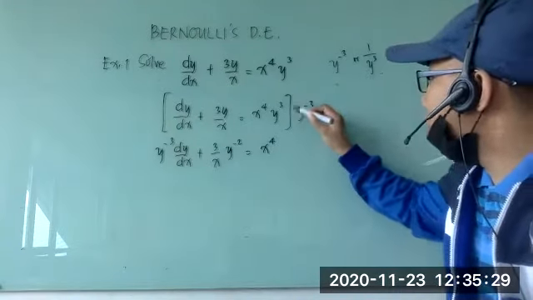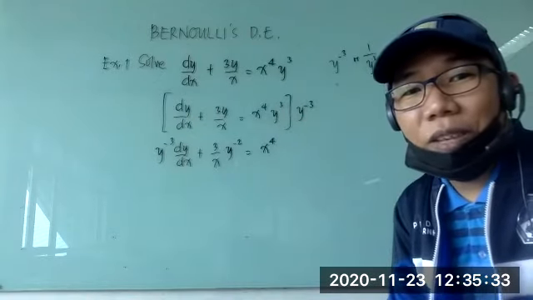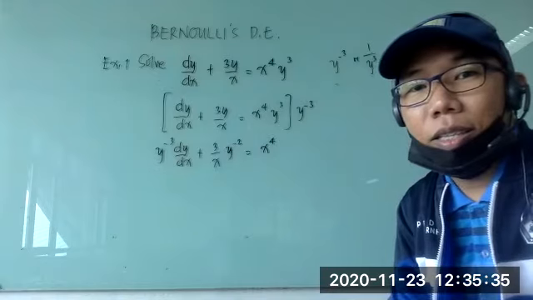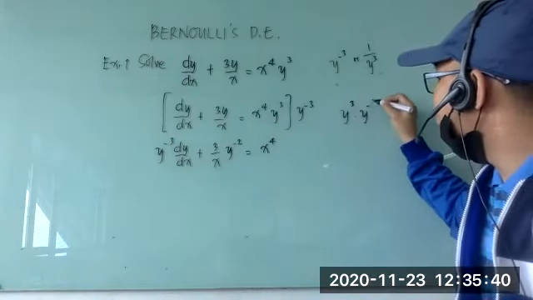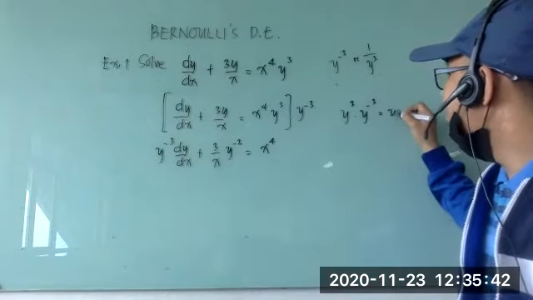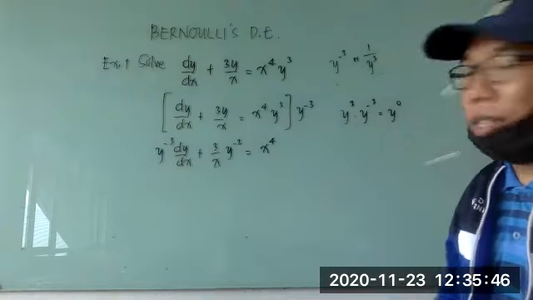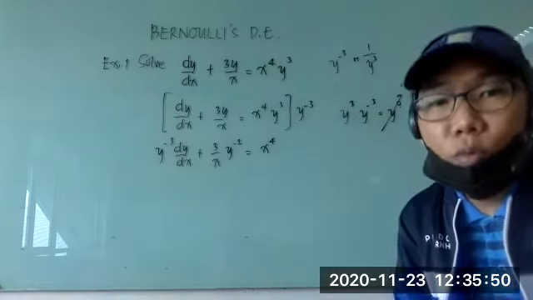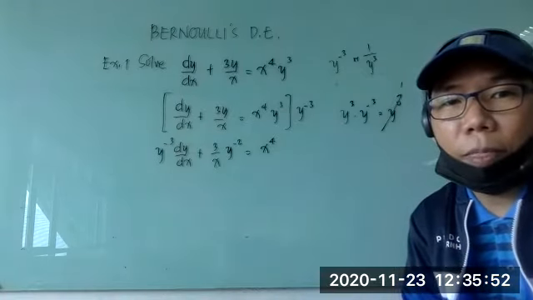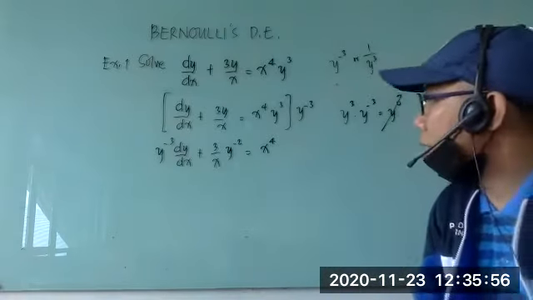So you can multiply to eliminate y cubed. Do you follow, guys? Multiply y raised to 3 times y raised to negative 3. What happens? Y raised to 3 minus 3, which is y raised to 0. This becomes 1. So the y raised to 3 is removed. I hope you understand.